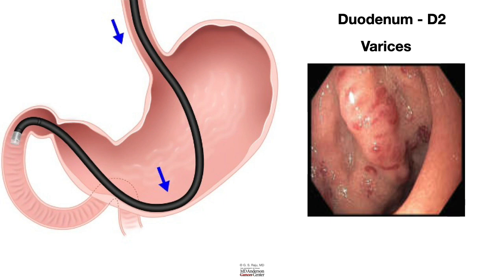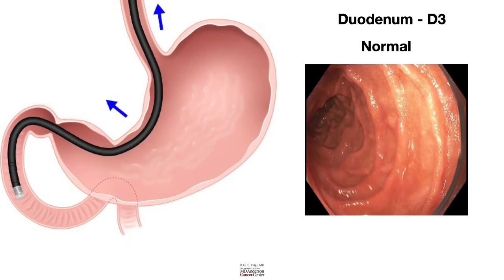As you go further down, you see the third portion of the duodenum. Again, similar to what you see in the second portion, circular folds. And it's always important to look into the third portion of the duodenum in any patient coming in with melena, especially if they've had abdominal aortic aneurysm repair, because that is the area where they can have the first sign of bleeding.